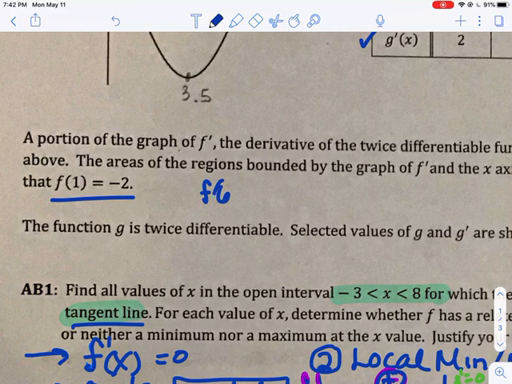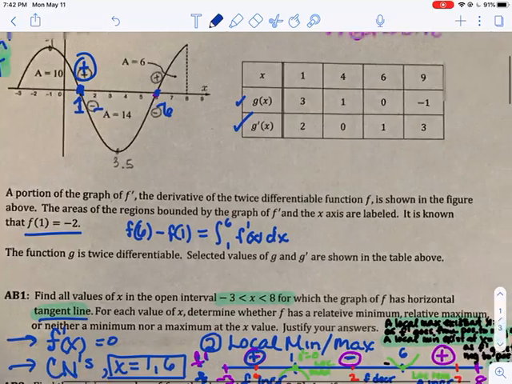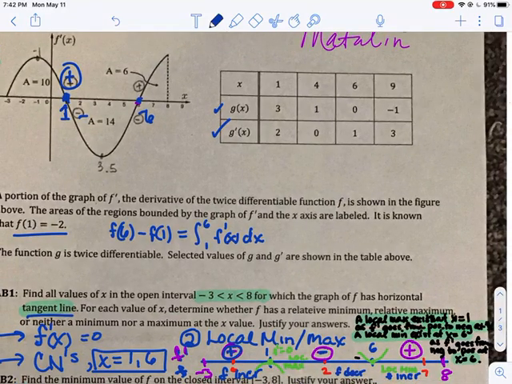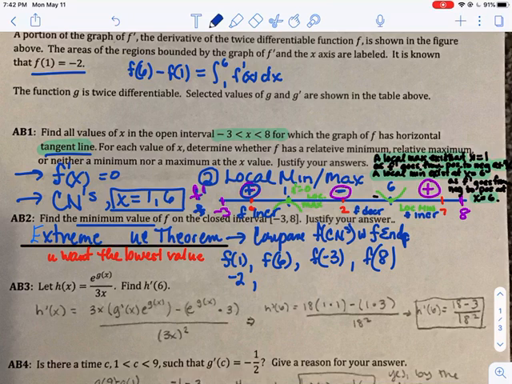So F of 6 minus F of 1 is equal to the integral from 1 to 6 of F prime of x dx. If I want to find out what F of 6 is, I've got to compare these, and whichever one is the lowest, the smallest, is the minimum value, and that's it. I'm just dealing with the minimum value of F on the closed interval.